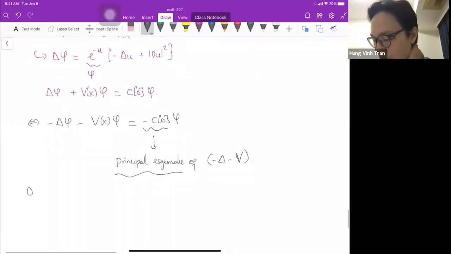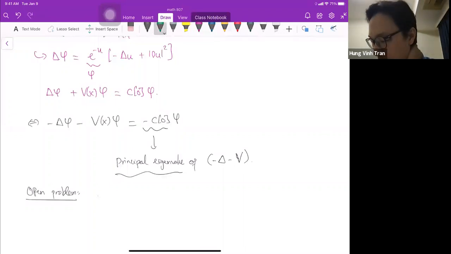So another open question is to understand the problem of minus epsilon Laplacian of u epsilon, I put epsilon, so it's a vanishing viscosity, plus Du epsilon of x squared equals c epsilon of 0.